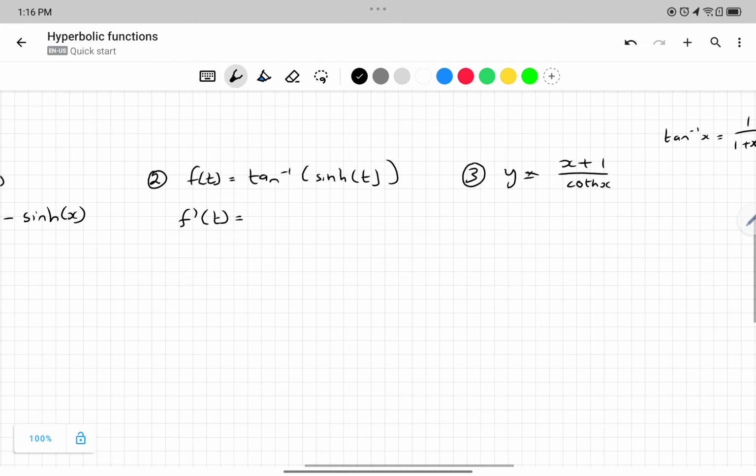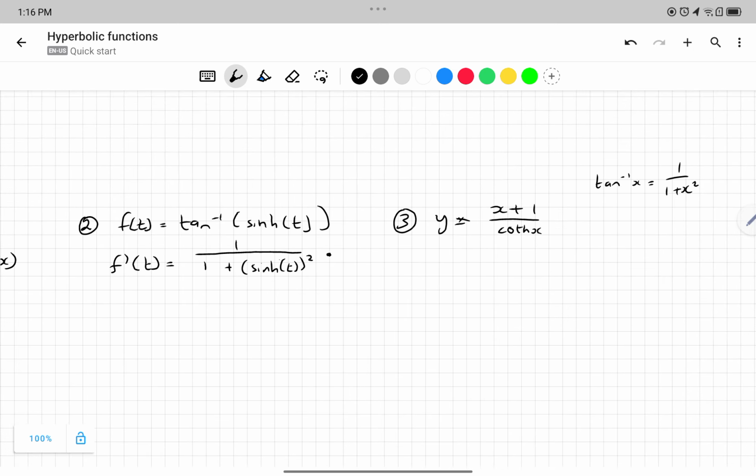So that means in this case, this derivative is equal to 1 all over 1 plus hyperbolic sine of t squared, times the derivative of the inside. So now we're also using the chain rule. Touch the outside before you touch the inside. Forgive me for that. I think it'll help with holding the concept.